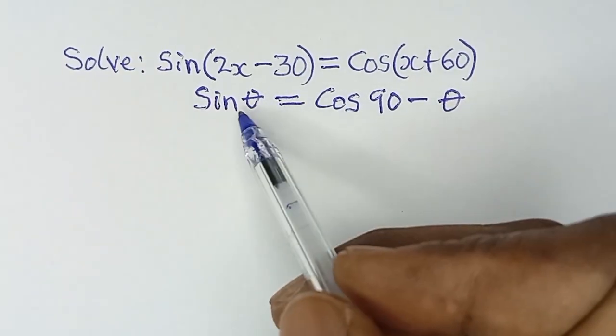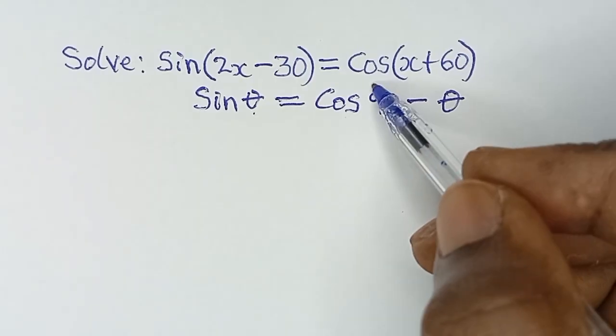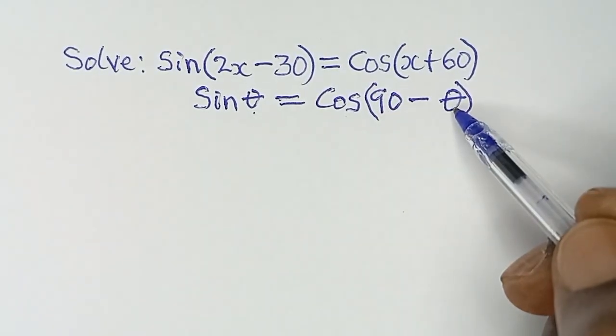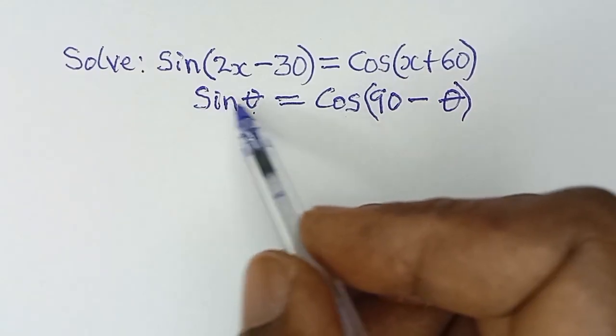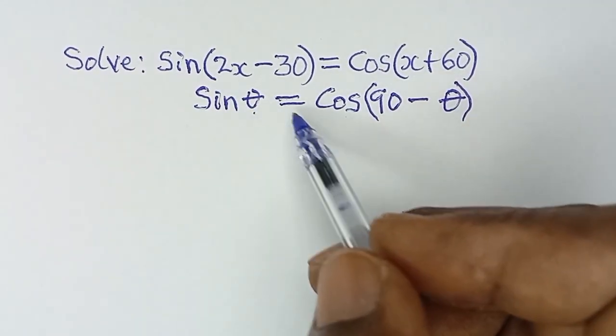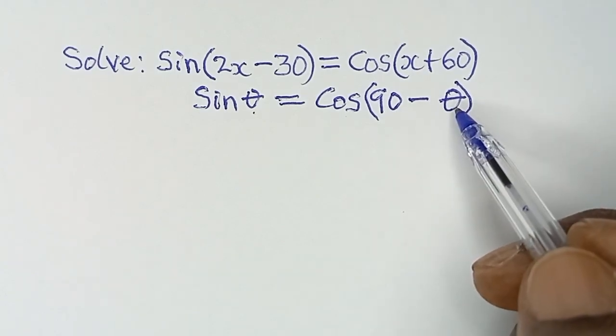So that means the sine of an angle is equal to the cosine of 90 minus that angle. Don't forget, this is a very important rule in trigonometry, that the sine of an angle is equal to the cosine of 90 minus that angle.